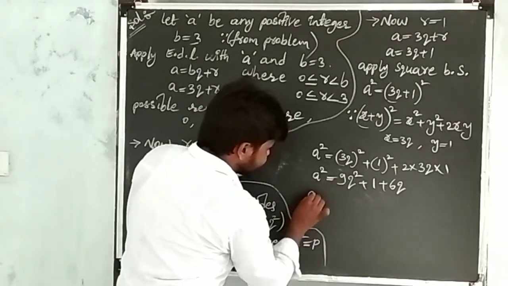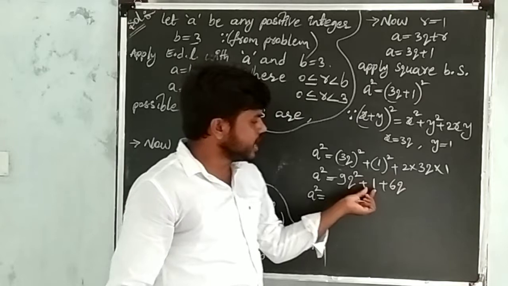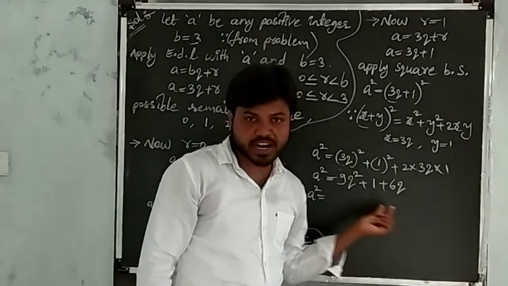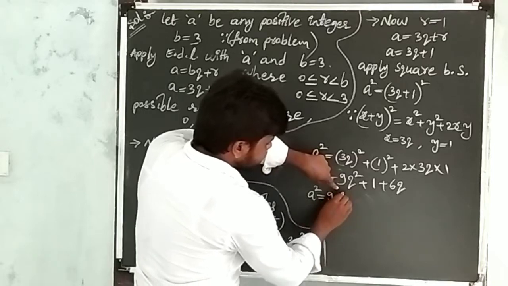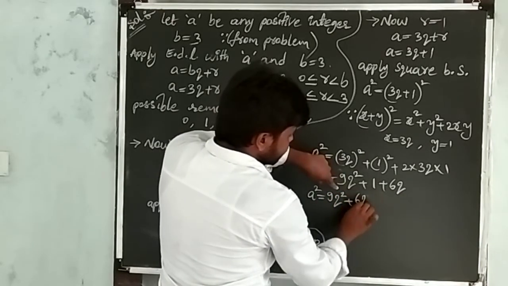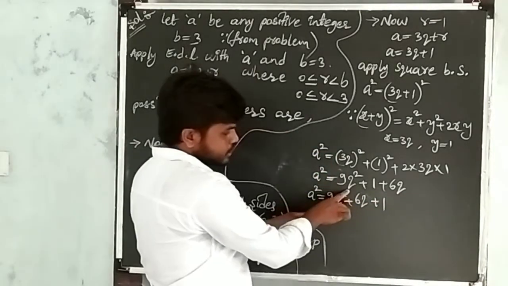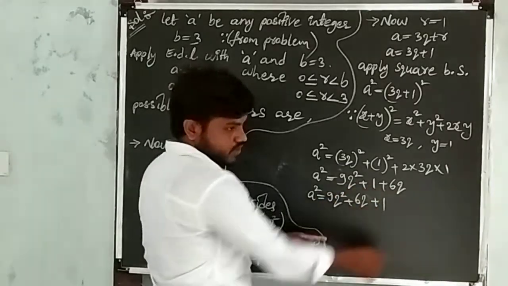See here, a square as it is, I am writing this plus 1 last. So 9q square plus 6q plus 1.